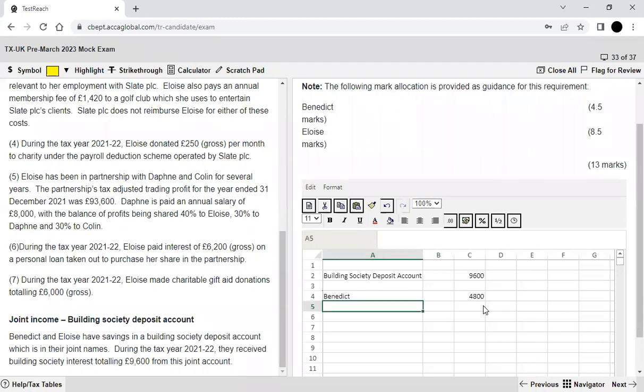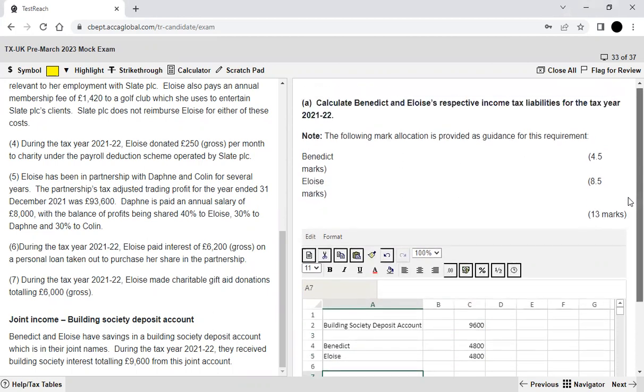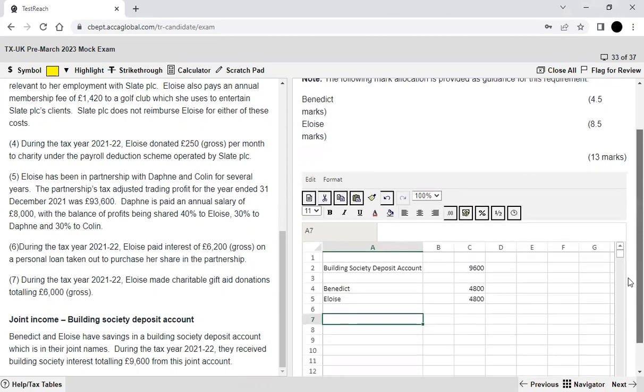So Benedict, Alois. Now I'm going to start the calculation of Benedict's income tax liability.